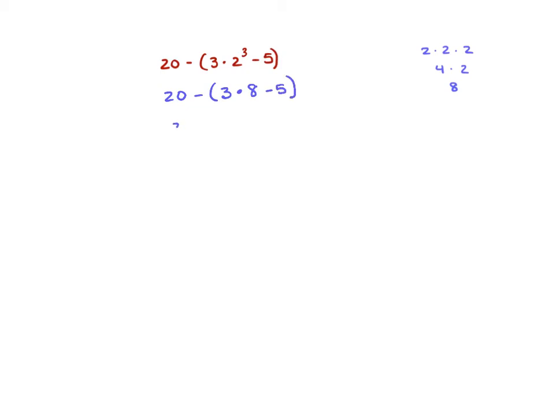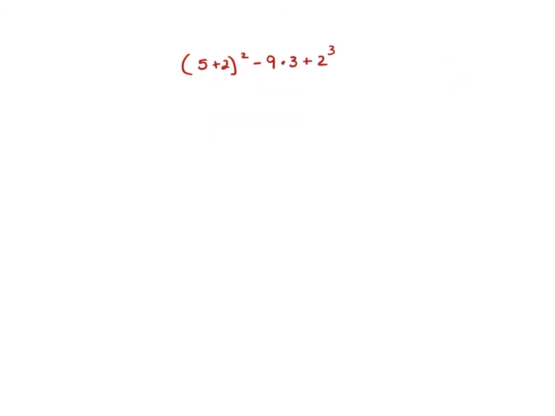I'm still working inside my parentheses, trying to clean that up. I have to do multiplication first before subtraction. Still working inside the parentheses, 24 minus 5, 19. And finally 20 minus 19, 1. Just take your time with it, and you'll be able to get it every single time.